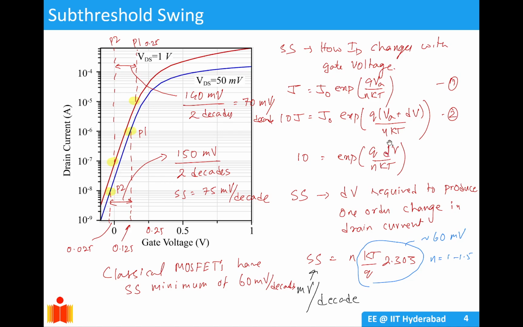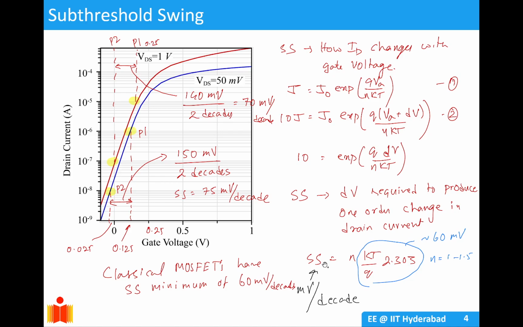So this dV is the voltage required to bring one order change in my current, and when I solve this, the subthreshold swing comes out to be n kT by q into ln 10, which is 2.303. And when you solve this, this comes out to be 60 millivolts.